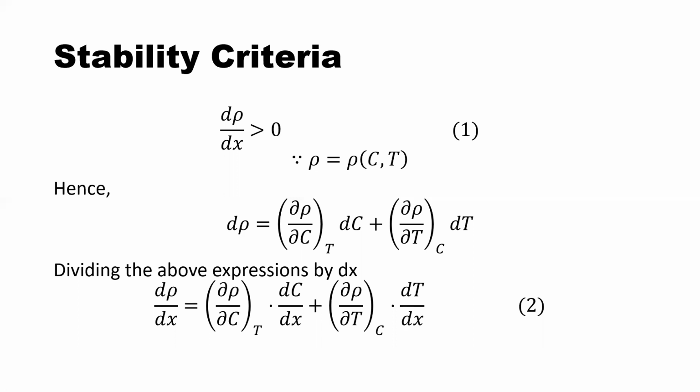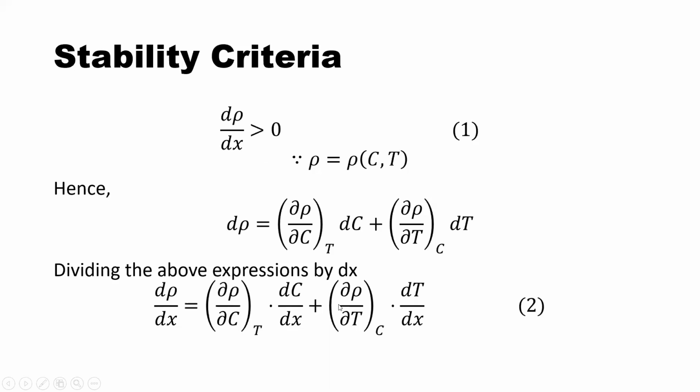That is, the lower layers remain denser than the upper layers. D rho by dx greater than or equal to 0 says that when we go downwards, the density is increasing. We can consider density as a function of concentration and temperature.